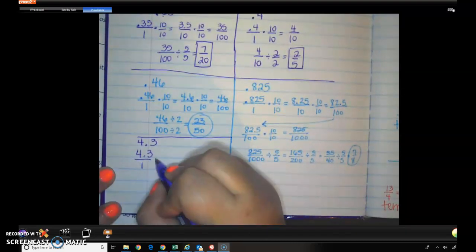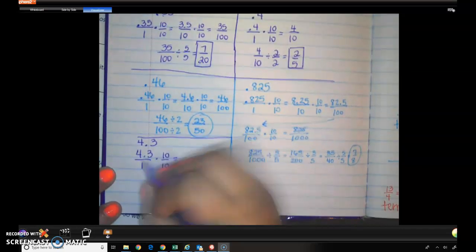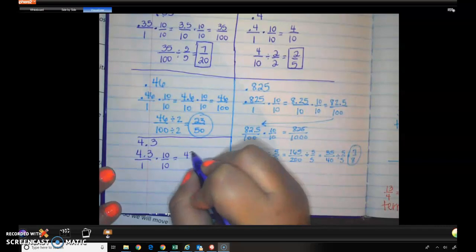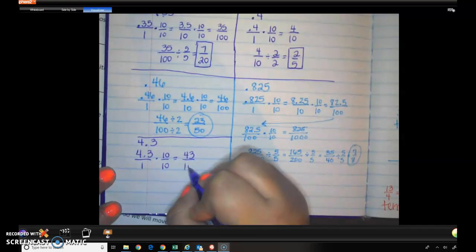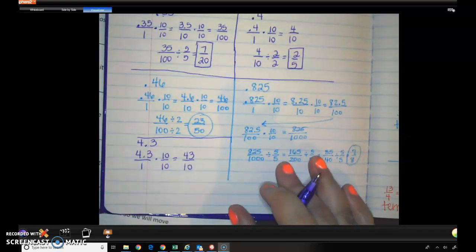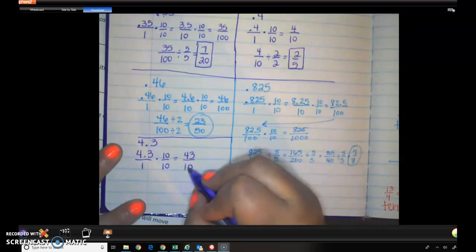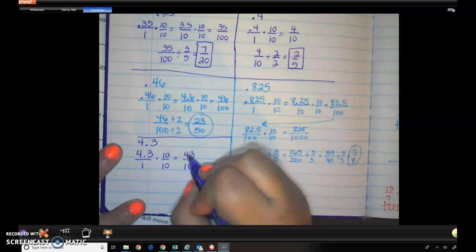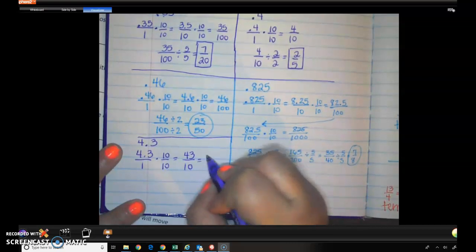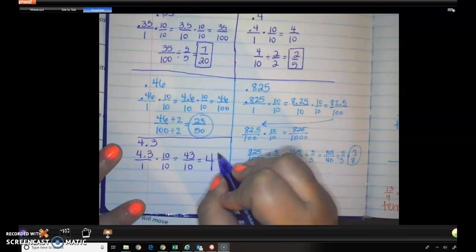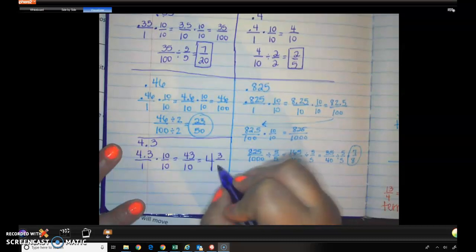Well, I still have a decimal, so I'm going to multiply it times 10. Multiplying times 10 just moves your decimal 1 spot. And there we go. It's 43/10. If I want to take it a step further, I can then say 10 goes into 43 4 times with 3 pieces left over and still out of 10.